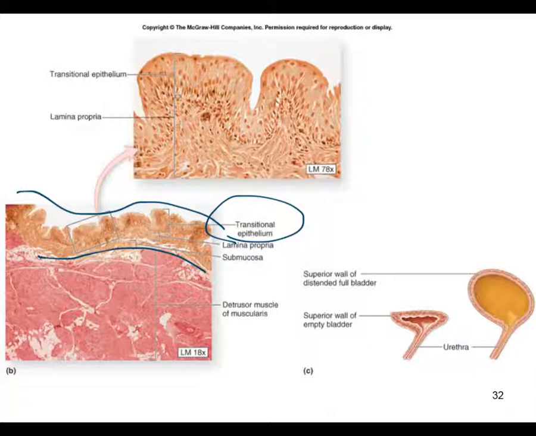But it can transition. When the bladder is full, that outer layer gets very thin, like a simple epithelium. And as the bladder empties, that layer kind of jumbles up like a punching bag or like a deflated balloon. And it goes back and forth. It flexes. And so we call this a transitional epithelium because it can really change its appearance depending upon the fullness of the bladder.